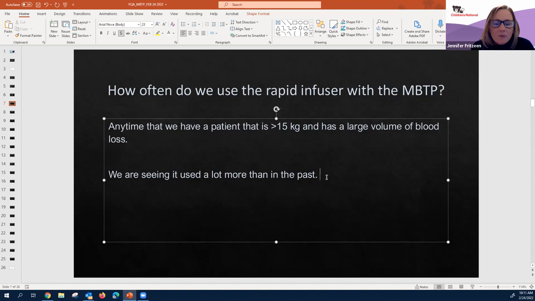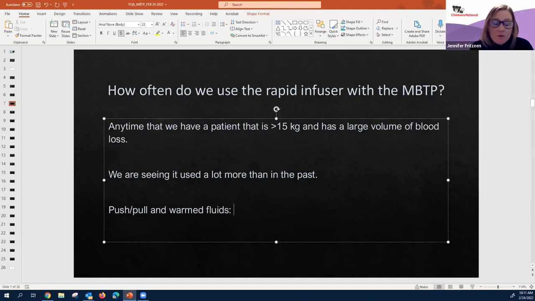To go hand in hand with the rapid infuser, Cindy, I think we'd be remiss if we didn't talk a little bit about when to push-pull and the importance of heating fluid if you decide to do a push-pull or if your child's too small for the rapid infuser. Remember, blood comes out of a refrigerator, plasma is thawed and platelets are cold, and we're giving a lot of volume of this, so we're going to drop their core temp.